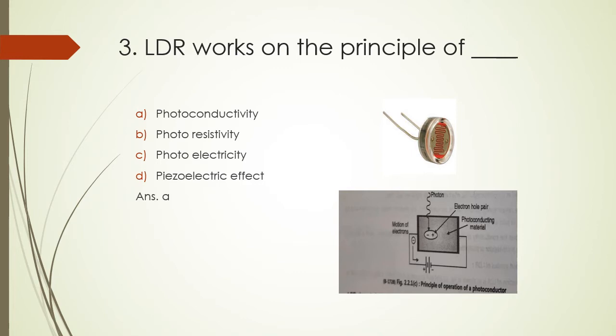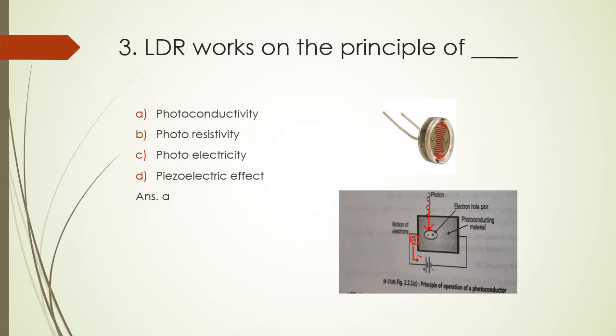Only then the photoconduction effect or photoconductivity happens, where the photons, as you can see in the diagram, are incident on the covalent bonds of holes and electrons. Because of the energy of that photon, the covalent bonds break, and this is how the electrons become free for the flow of current.